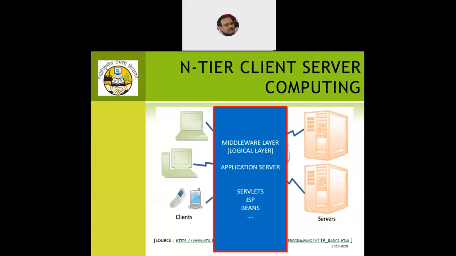Many of these servers exist between the client and the server. Nowadays the application servers possess the capabilities of web servers, and the traditional web servers possess the capabilities of application servers also. So nowadays we have a hybrid kind of mechanism between the client and the server.